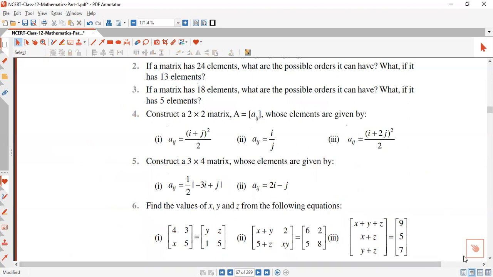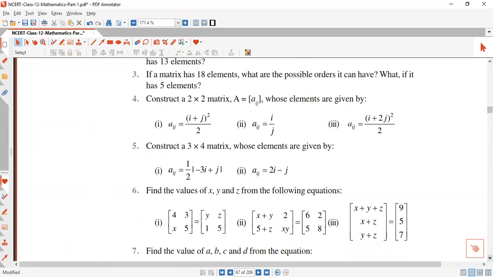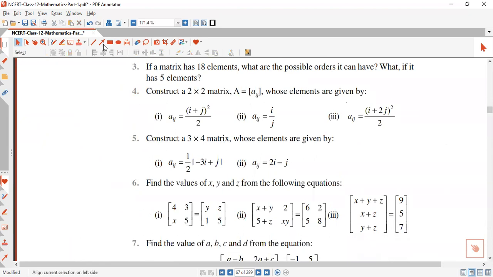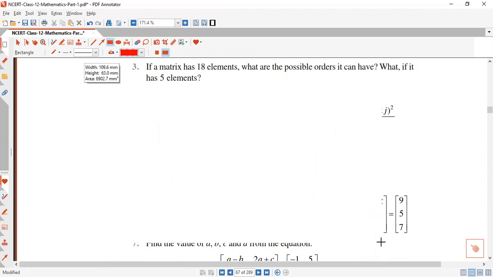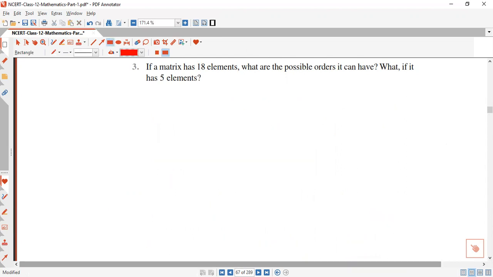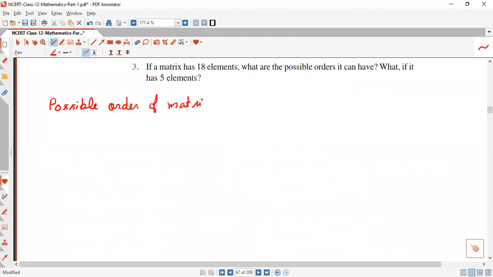Similar question 3: if a matrix has 18 elements, what is the possible order it can have? We are asking only for the possible order of the matrix.